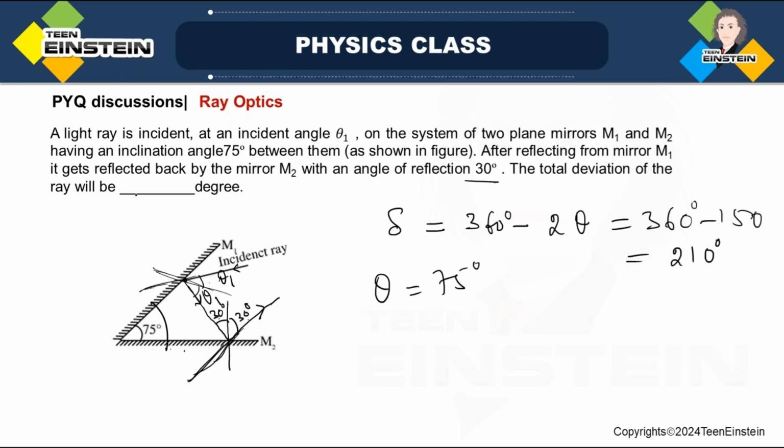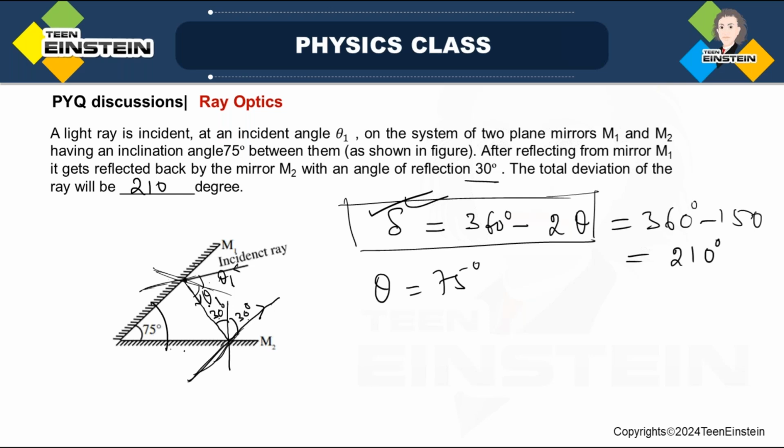So what is the deviation here? 210 degrees will be the deviation. This is very, very simple to remember. Better you remember this, otherwise you can also do it from the geometry if you draw it properly. To save time, I would suggest you remember this.